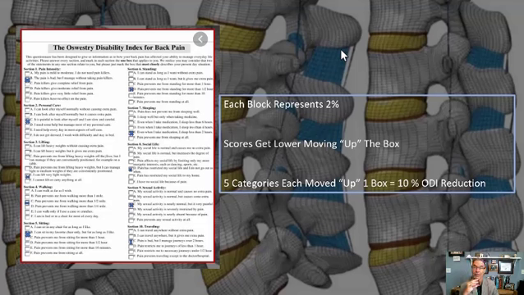Going back to what we talked about of how to grade your improvement, that would reach a level of substantial improvement. For that matter, when you look at the surgical literature or the injection literature or the chiropractic or physical therapy literature, it doesn't matter. They almost all indicate that if their patient or client improves by 20% on that Oswestry, or has a 20% improvement compared to their baseline, that's considered a very good result.